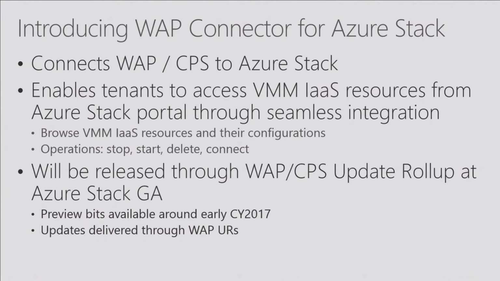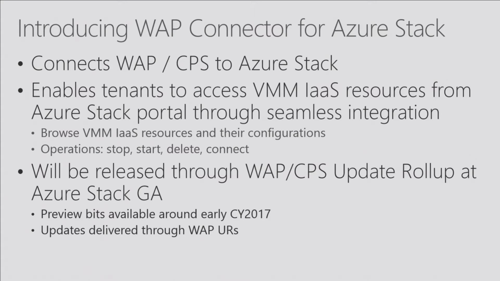So what exactly is a WAP connector? Like I said, it connects the WAP deployment environment to Azure Stack. It enables access, not only for the admin, but also for tenants, to the VMM IaaS resources in your WAP environment from your Azure Stack portal.